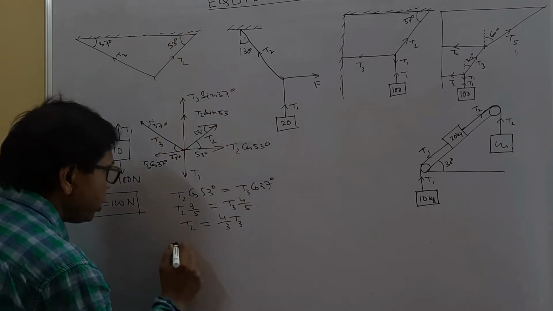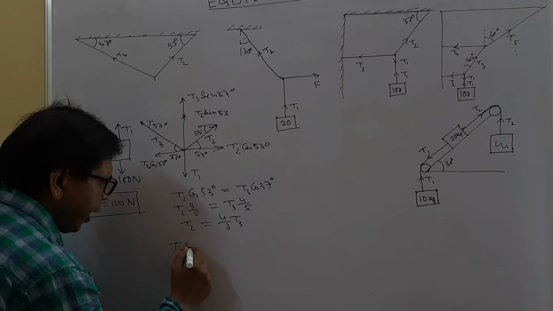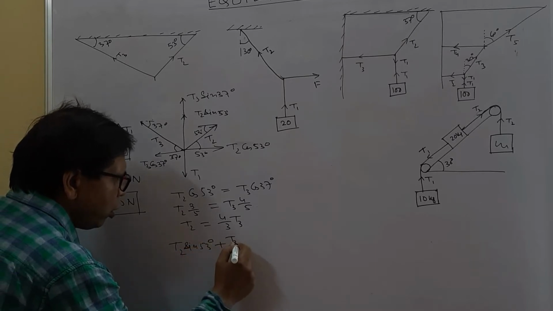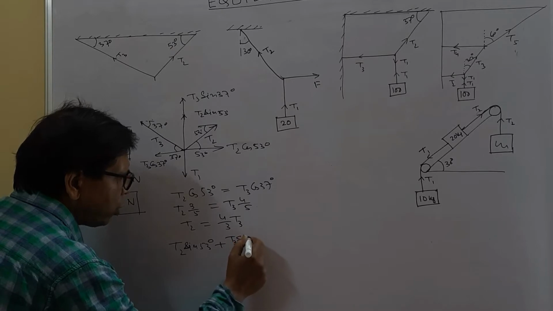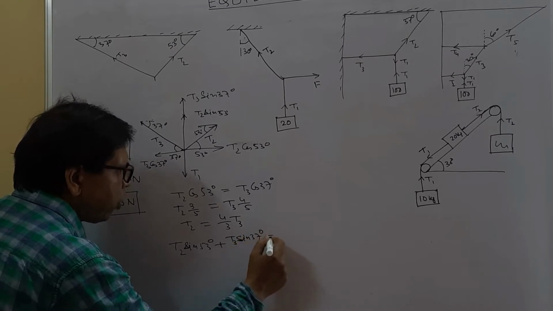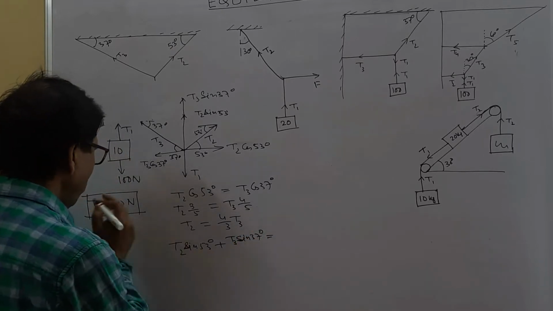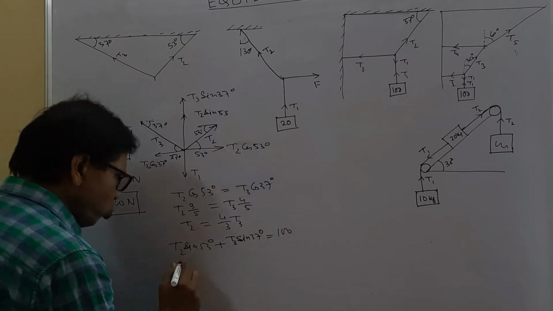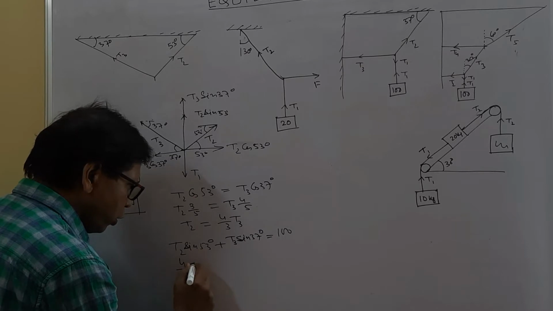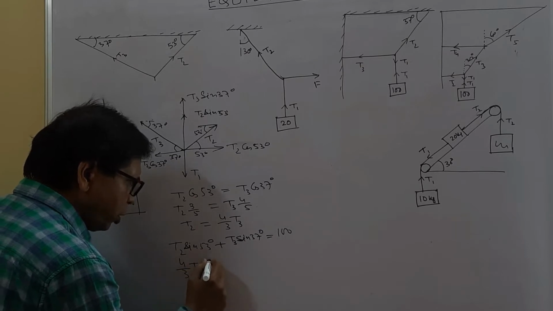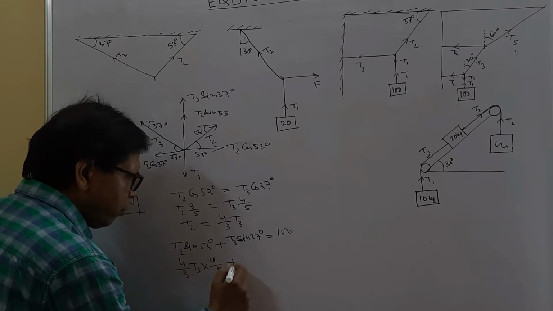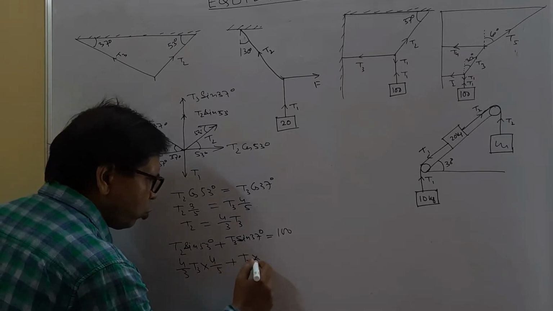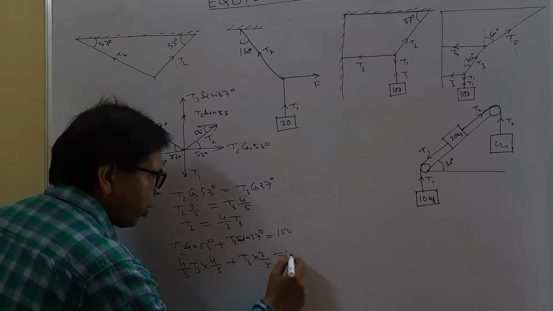T2 sin 53 degree plus T3 sin 37 degree equals T1, and T1 is 100. Now T2 equals 4 by 3 T3 into sin 53 degree, that is 4 by 5, plus T3 into 3 by 5 equals 100.